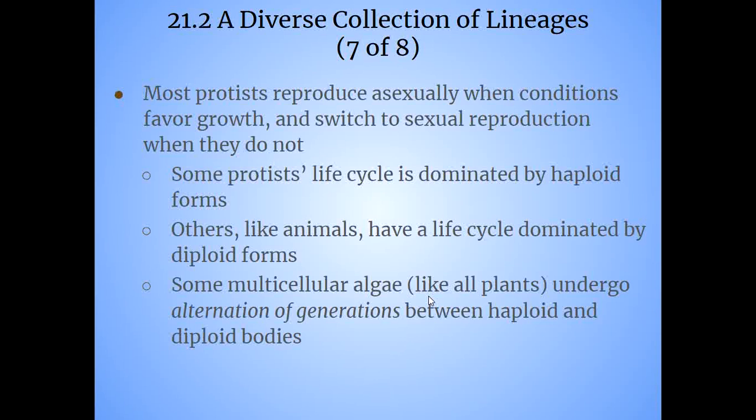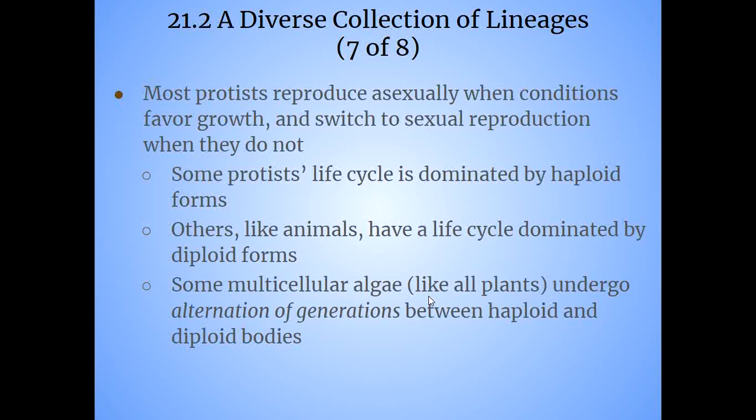For protists, the dominant form of the cell that we see through most of the protist life cycle is the haploid cell. Only the zygote is diploid. We see that in Plasmodium, which we will talk about later on.